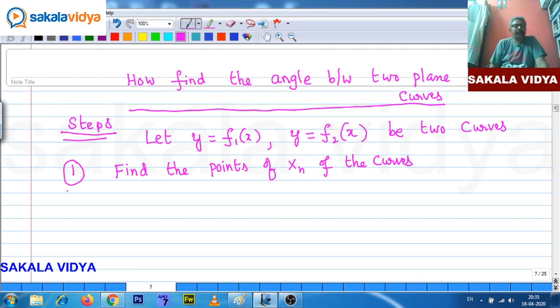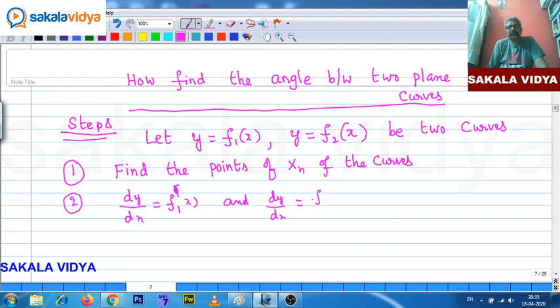So, second step is find dy by dx of the first curve, say f1 dash x, and find the derivative of the second function, say dy by dx, that is f2 dash x.